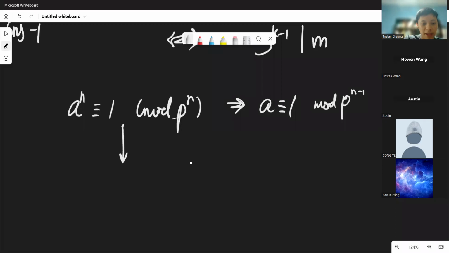This means p to the n divides a^n minus 1, right?